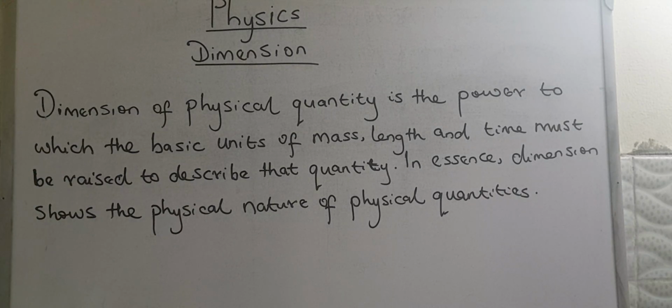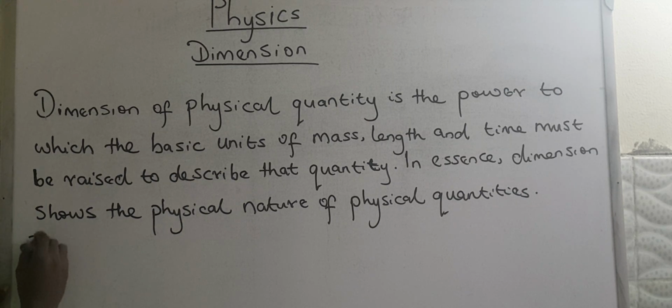Alright, so we can see that from all what we have here, it means that the dimension of physical quantities actually describes such physical quantities in terms of the three basic fundamental quantities, which are mass, length, and time.